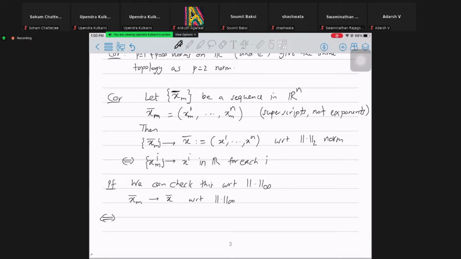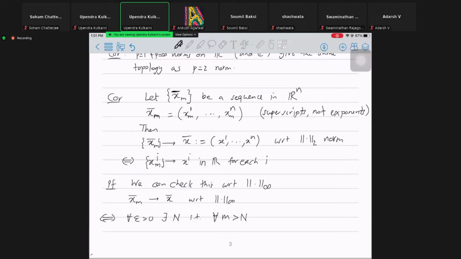So the maximum of the tuples differ by epsilon after a given n. Correct. So let's write this down carefully. For all epsilon greater than 0, there exists n such that for all, and now I don't want to take small m, n because following Pramath, I have used m as the general element.